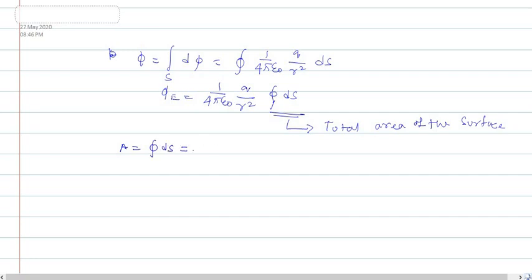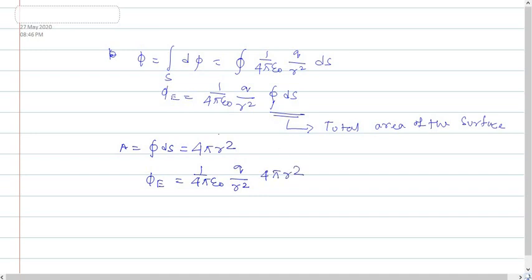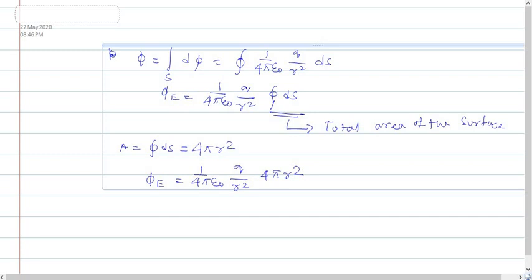This is a sphere, so the total area is equal to 4 pi r square. Now if you put the value there, we get 1 by 4 pi epsilon naught q by r square times 4 pi r square.